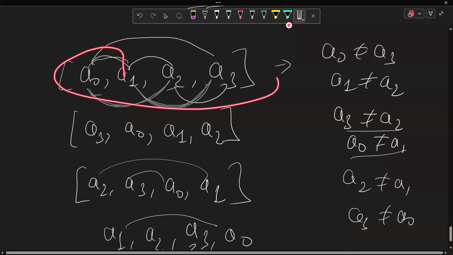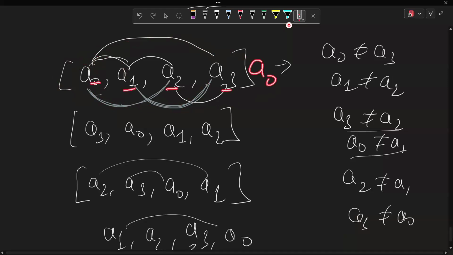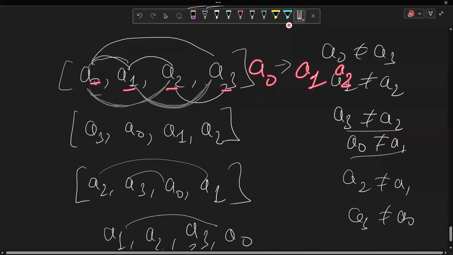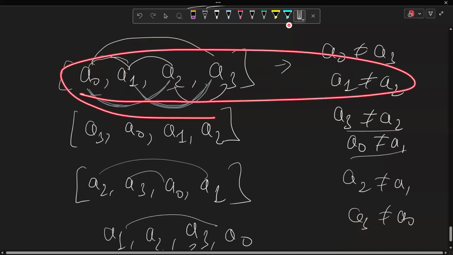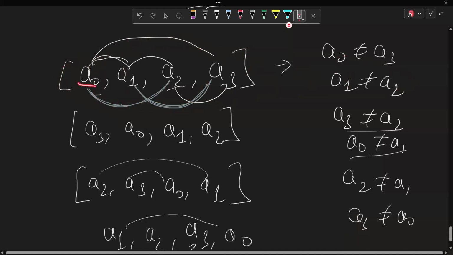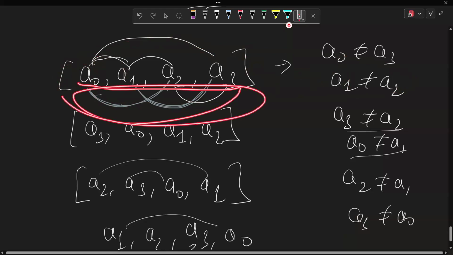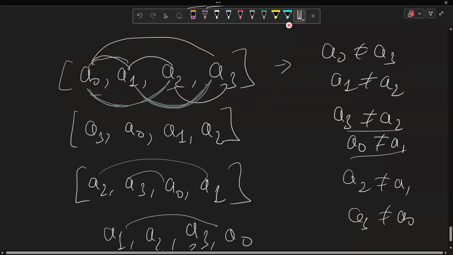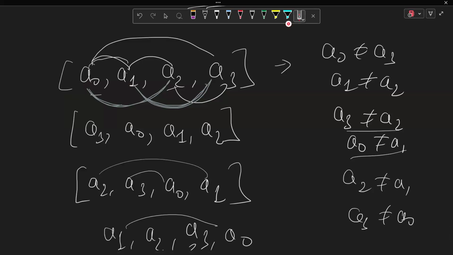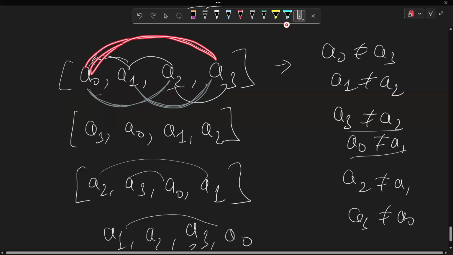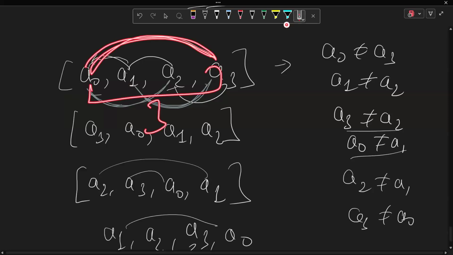If you consider this array as a cyclic array, A0, A1, A2, A3, and after that again A0, A1, A2, then comparisons are being made for the palindrome condition between these two at a distance of 3, and between these two at a distance of 1.